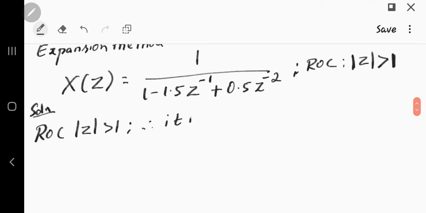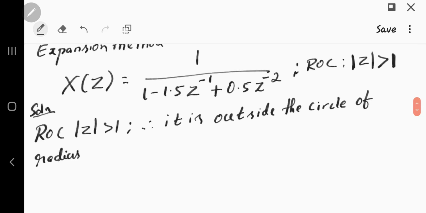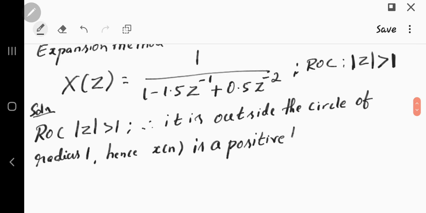Therefore, it is outside the circle of radius 1. Hence, x of n is a right-sided sequence or positive time sequence.